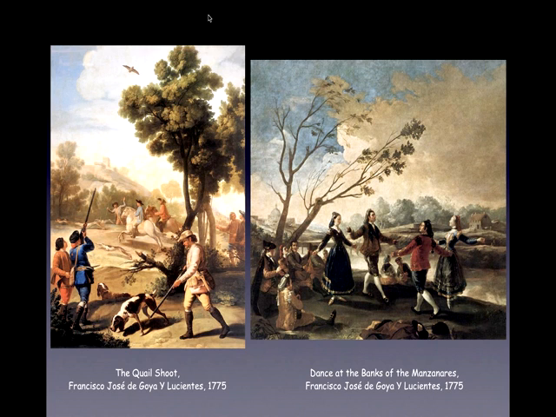But he would frequently compromise his own tendencies to be original and to be realistic because he received commissions, particularly from the nobility, from the upper classes in Spain, who wanted to see themselves, for instance, taking part in a quail shoot on the left-hand side, or dancing on the banks of the Manzanares River on the right-hand side. In the 1770s, he produced paintings that were copied into woven tapestries at the Royal Tapestry Factory in Madrid.